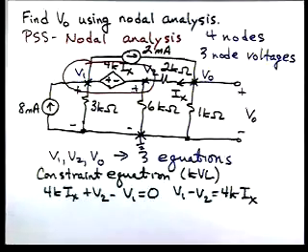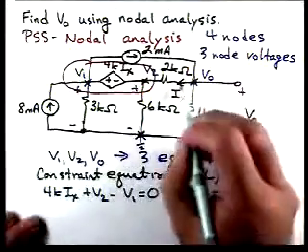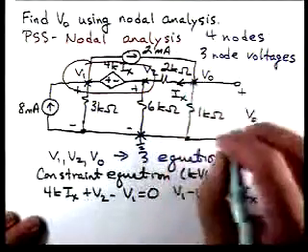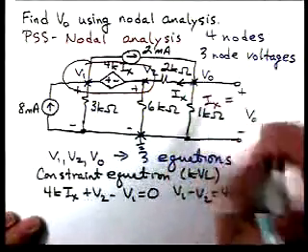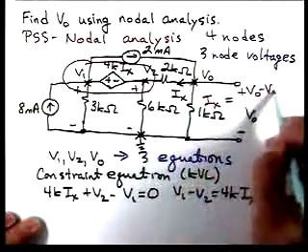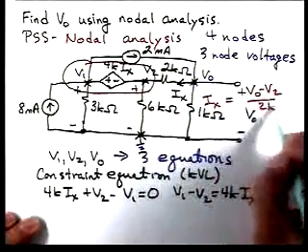Now, let's go ahead and eliminate IX here. If I look at the circuit here for IX, it turns out in terms of the node voltages it is going to be V0 minus V2 over 2K.